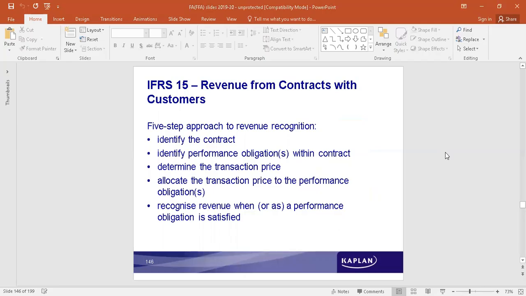Next one is IFRS 15, revenue from contracts with customers. In the principles of accounting, one concept is the realization concept.